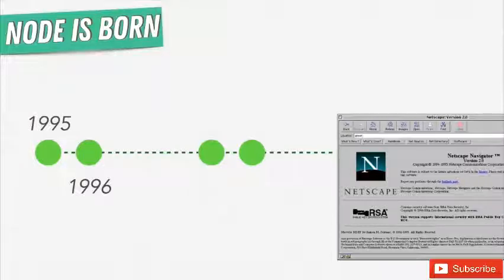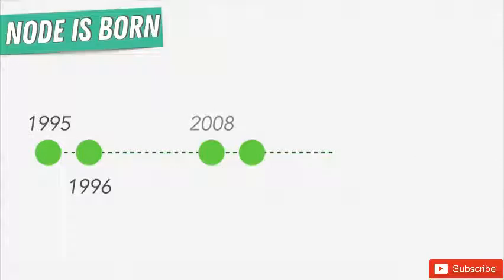JavaScript was on the front end, was on the browser, and then 2008 rolls around. And this was a critical period. Why? Because Google announced something new, and that was the Chrome browser. And this symbol that you see here, that you've seen before, is what was critical.